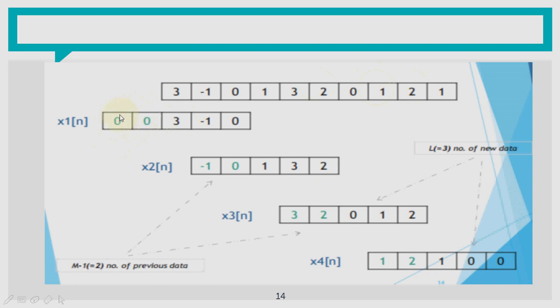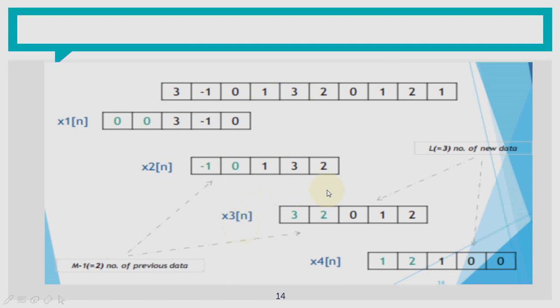Now the first block. So this is your input sequence. First m minus 1 zeros are padded, so 3 minus 1, so 2 zeros are padded, and 3 samples are taken from the x of n, that is 3, minus 1, 0, so total length is 5. Again x2 of n: the previous m minus 1 samples should be taken, that is minus 1 and 0, and new samples 1, 3, 2 are taken.